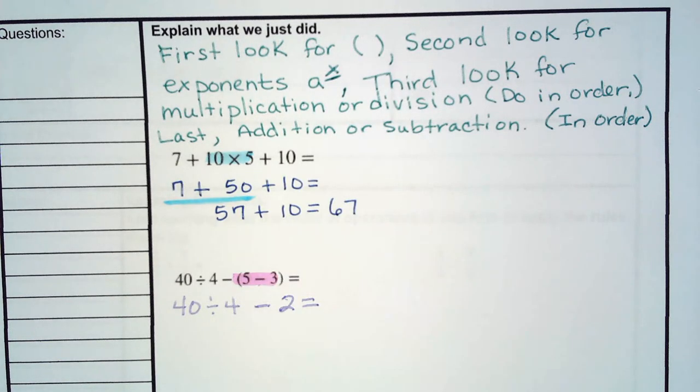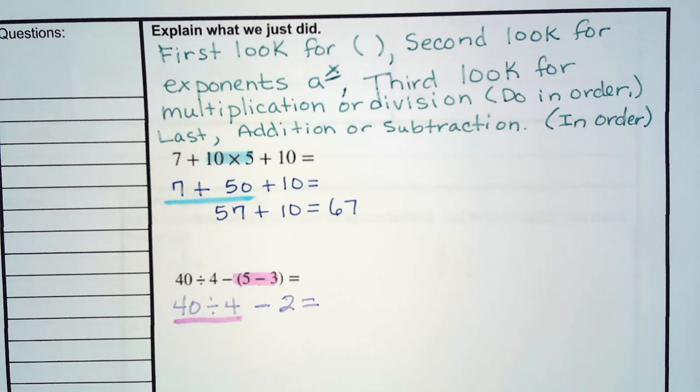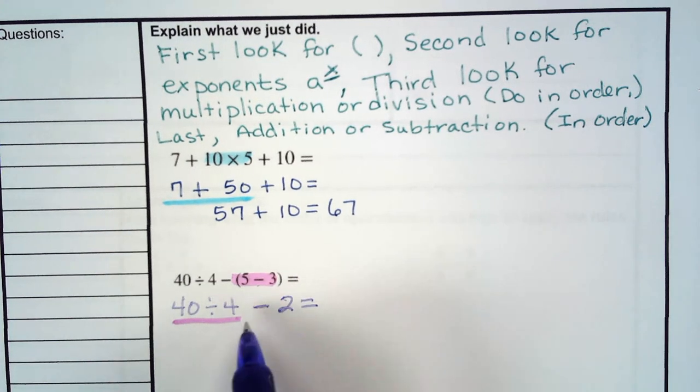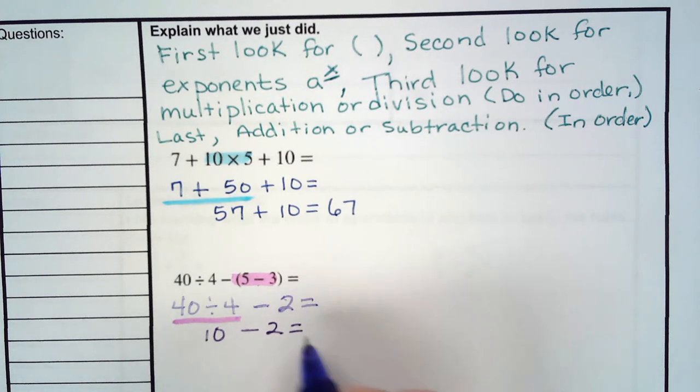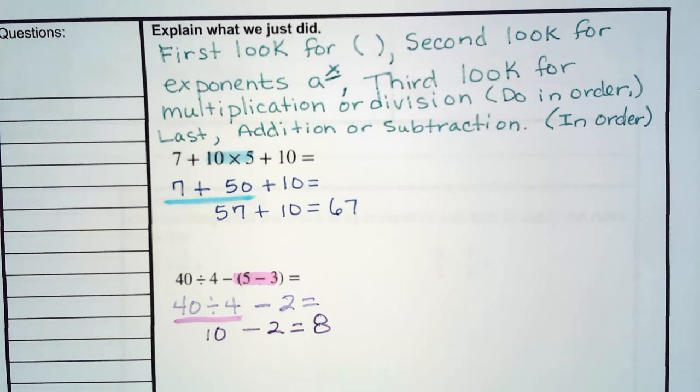Okay. Now what do we do? If you said 40 divided by 4, you're correct. 40 divided by 4 is 10, minus 2. 10 minus 2 would be 8, and we're done.